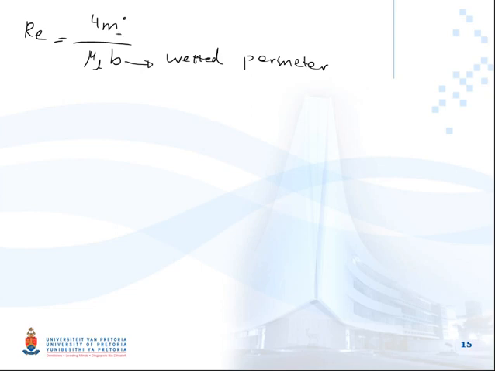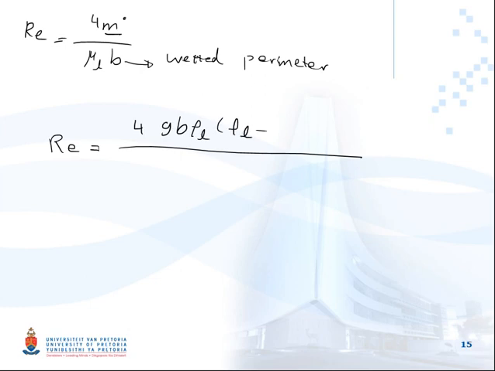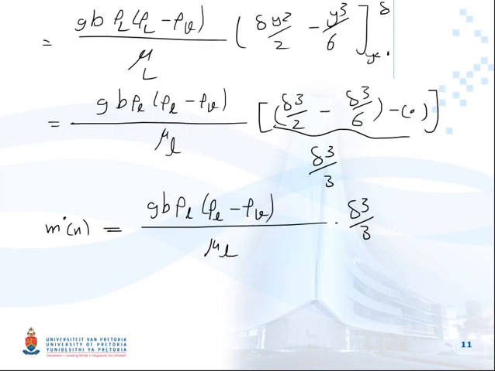If we put that m dot into this correlation, we will have 4 g rho L times rho L minus rho V delta cubed over mu squared b times 3. We just take m dot from the previous expression and put it here.